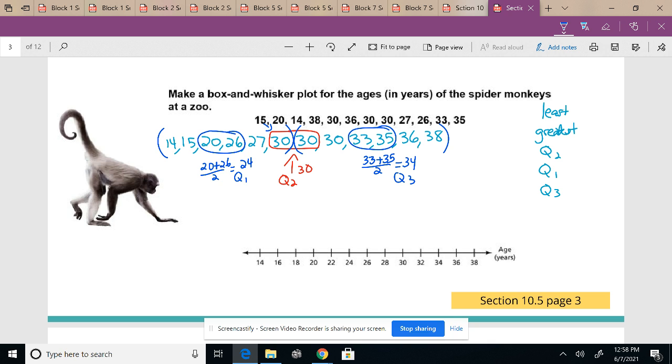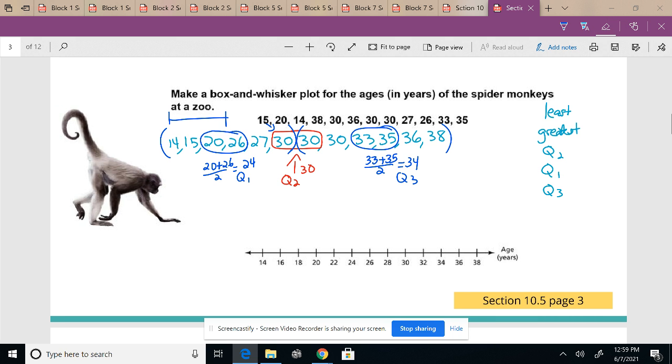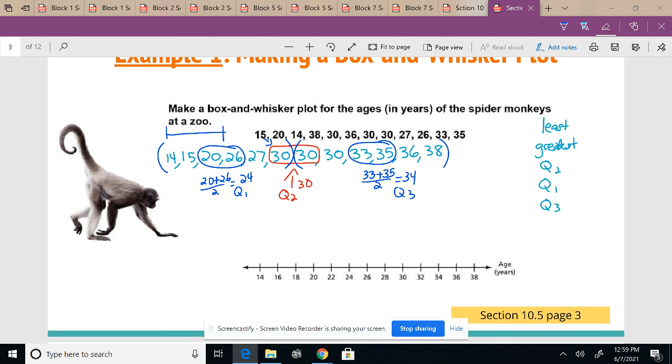Okay, so I need you to see something before we start plotting everything. If you remember, here's quartile 1. Actually, let's do it underneath. Eraser, please. Okay, so from here to here, then to here, and to here, and then to here.